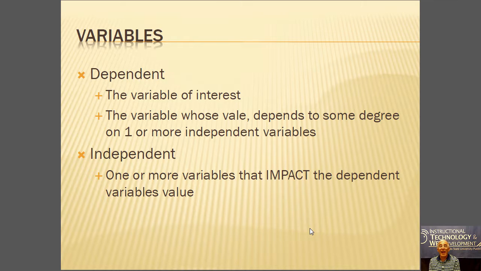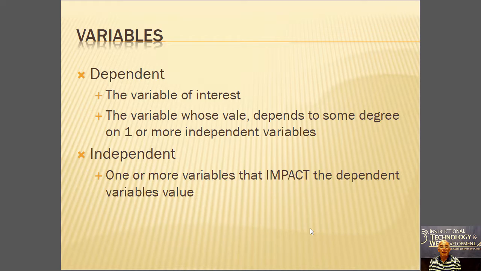The variable whose value depends to some degree on one or more other variables. Those other variables we call independent variables. Conversely, the independent variables are variables that impact the dependent variable's value. Now, we're going to learn in this course about simple regression analysis where the dependent variable has only one independent variable of interest.